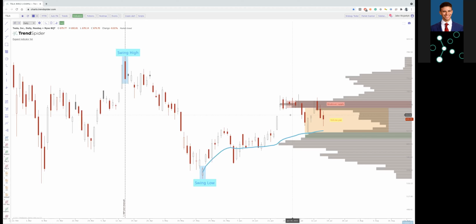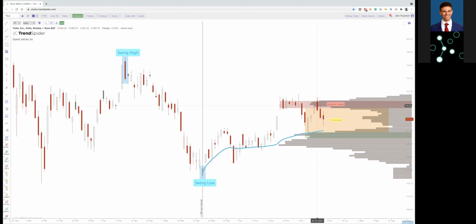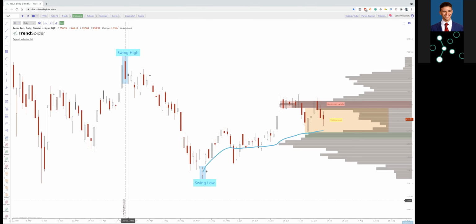The reason I am not anchoring the volume by price from this swing low is that if we look at this price action at 684, 685, we don't know anything about the volume up here, because anchoring from the swing low, there hasn't been any price action up here. We have no idea what the volume is showing until we go to a higher point, and then we can see where that volume has aggregated since this swing high.